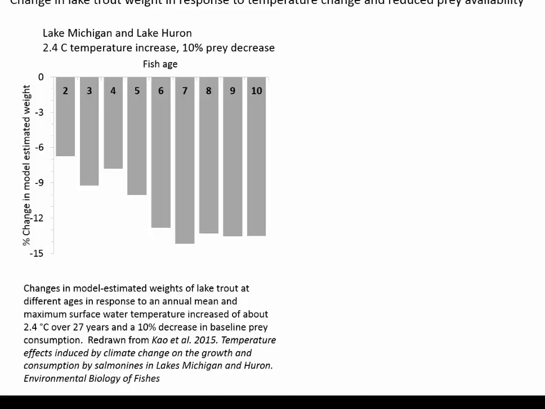They showed about a 6 to 15% decrease in weight over time, with a 2.4 degree temperature increase and a 10% prey decrease. Those inputs to the model, that temperature increase, is basically the same temperature increase that we've seen on Superior between 98 and 2013. And we've seen more than a 10% decrease in prey availability from the 90s to present.